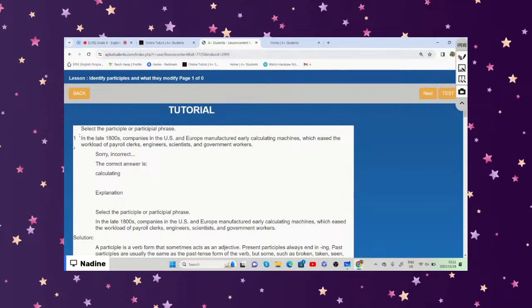In the late 1800s, companies in the US and Europe manufactured early calculating machines which eased the workload of payroll clerks, engineers, scientists, and government workers. Within this sentence, we need to select either the participle or the participle phrase. And remember, we say that it ends in ing.